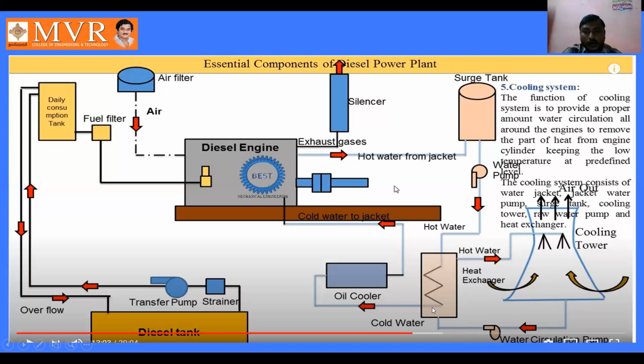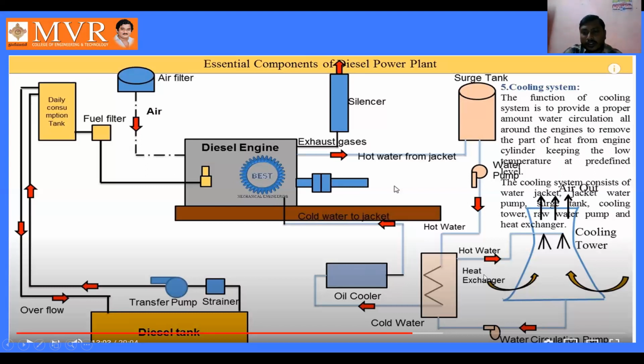At the other end the cooled water enters the air cooler, and from the air cooler the cold water enters the combustion chamber, and here the hot gases are generated.